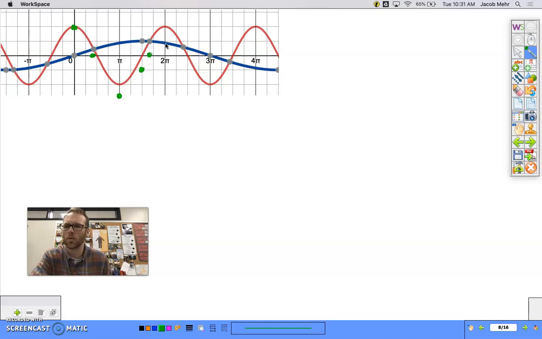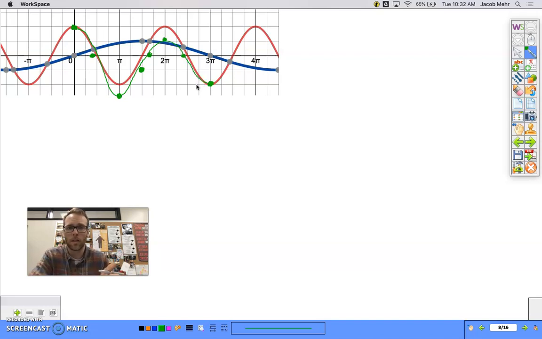Red minus blue, be probably right about there. Here they're the same again, so that's 0. Red minus blue, going to put it right there. Okay, so it looks like something's kind of coming down like this, coming back up, coming down. I'm only to 3 pi.